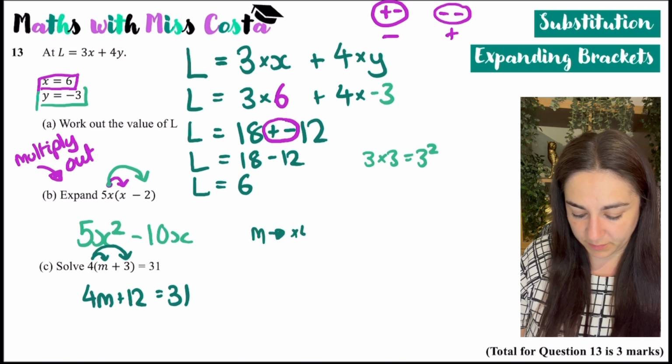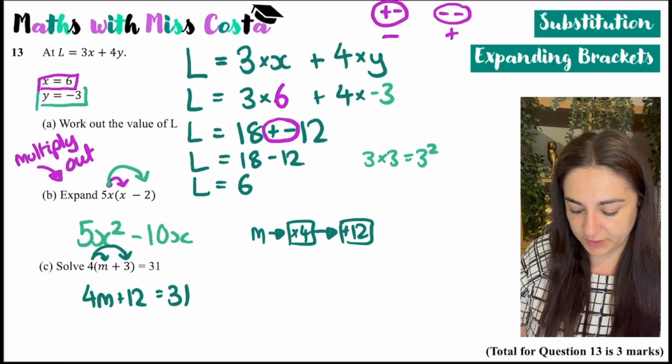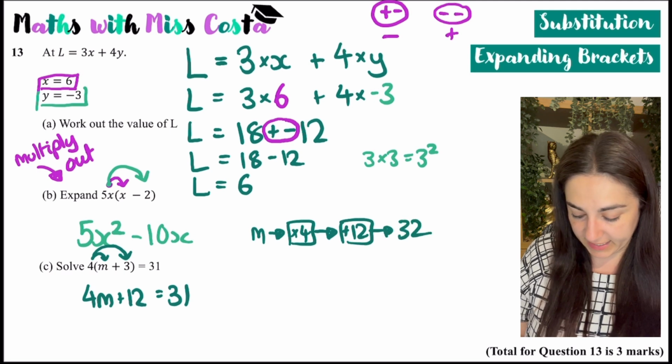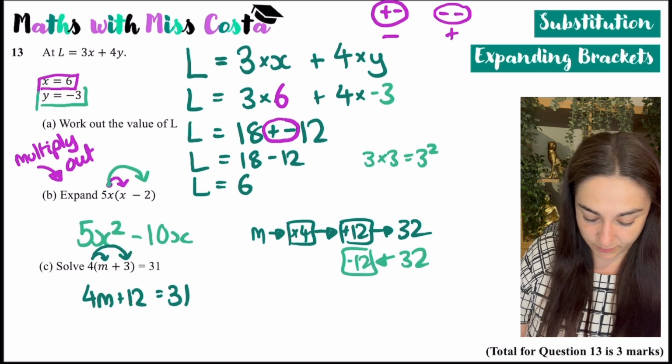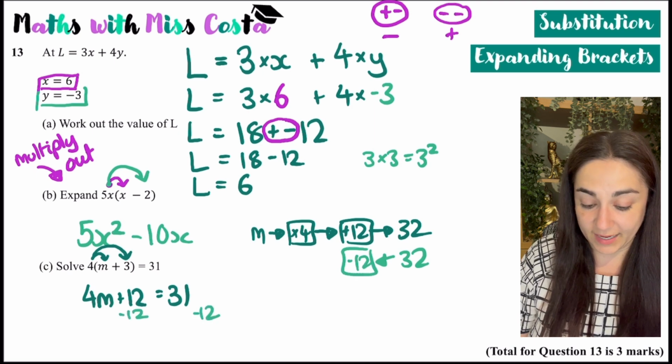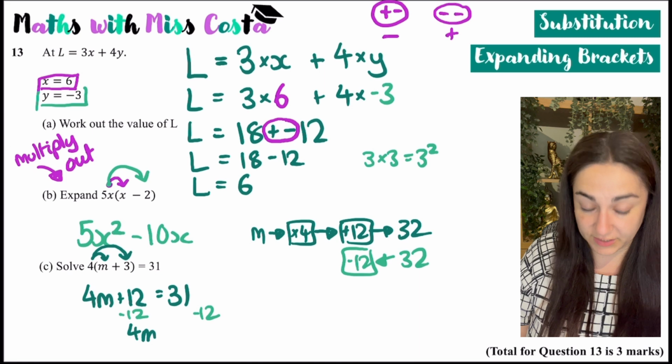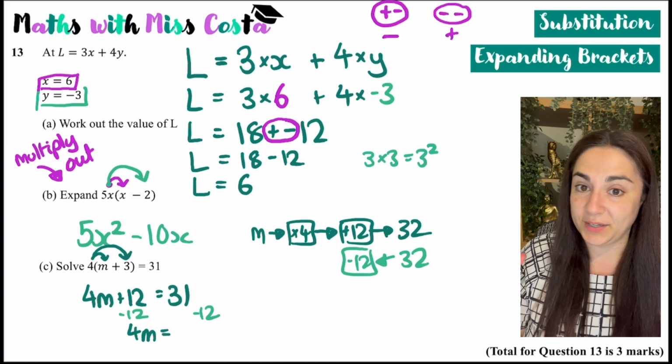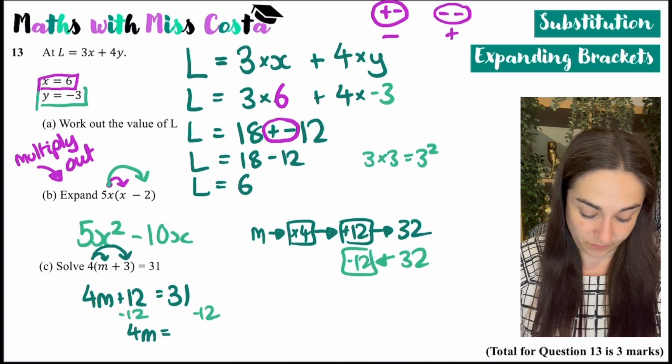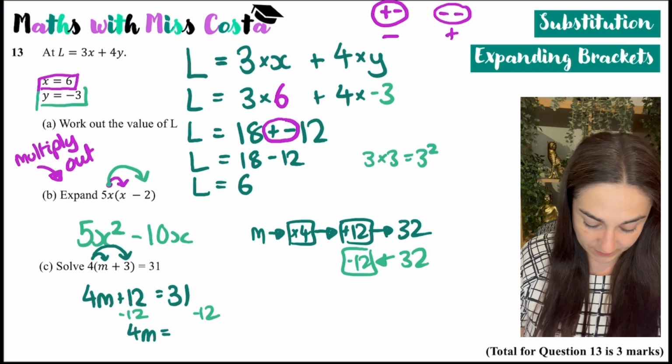It's being multiplied by 4. Then I add 12 and 31 comes out. That tells me that to do the reverse, the first thing I'm going to have to do is subtract 12. And obviously you don't actually need to write this out in the equation. You can just use it in the function machine, but it's good to use the function machine to help you get used to doing it this way.